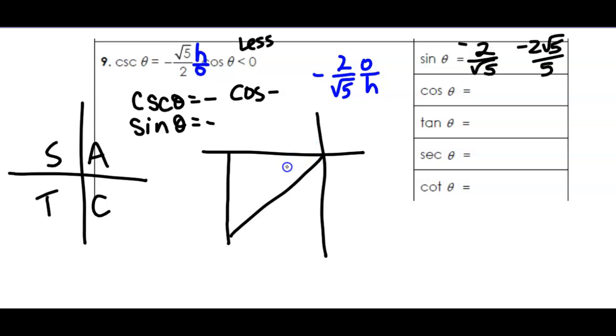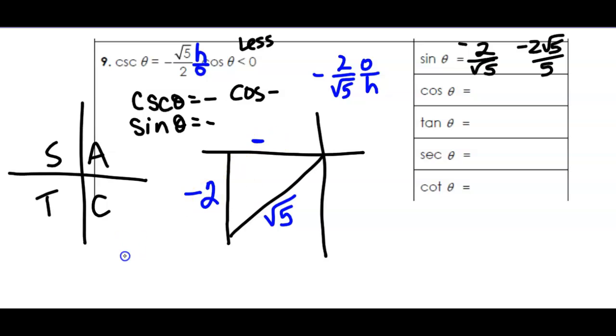Either way you want to think about that. But opposite here is a 2, and the hypotenuse is a square root of 5. That means which of those can be negative? Well, the hypotenuse can never be negative. This was down, so that is negative 2. But because we're going left on the x here, this is also going to be negative. And that's what you have to figure out.